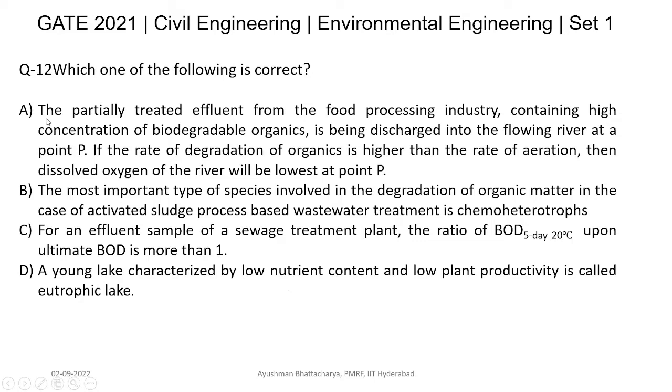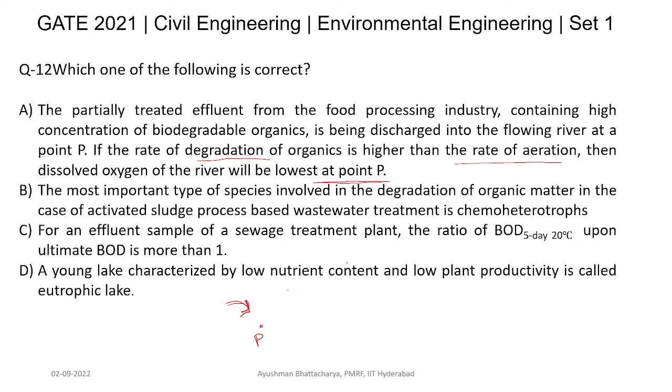In the first option they are telling that partially treated effluent from a food processing industry, containing a high concentration of biodegradable organics, is being discharged into a flowing river at a point P. If the rate of degradation of the organics is higher than the rate of aeration, then the dissolved oxygen of the river will be lowest at the point P. Suppose this is point P where it is being discharged.